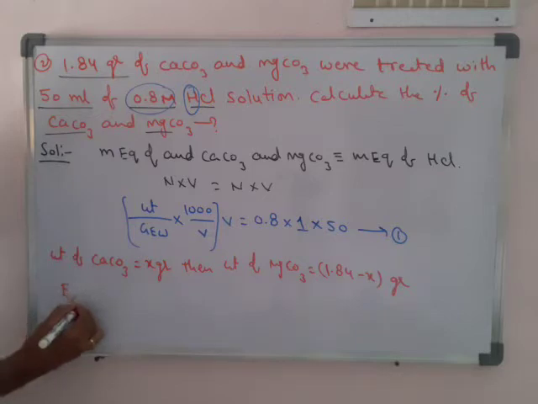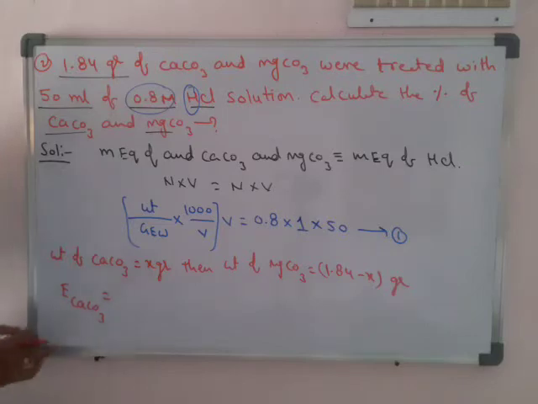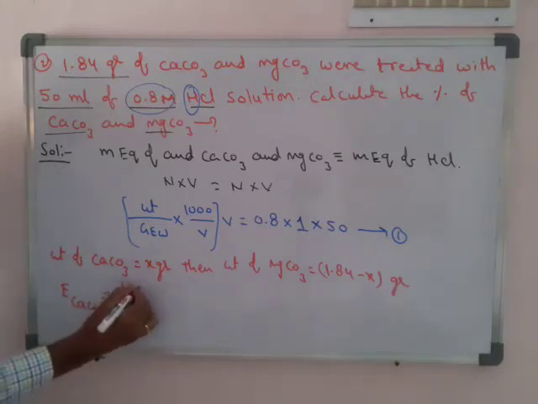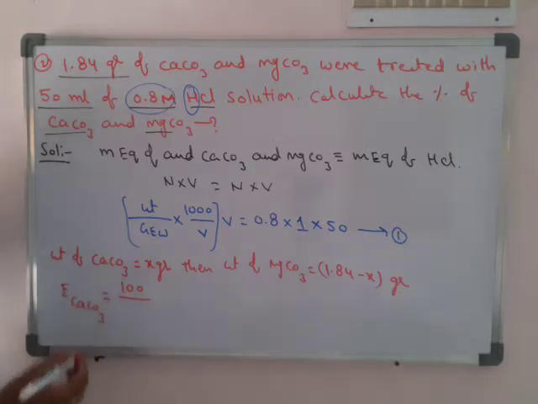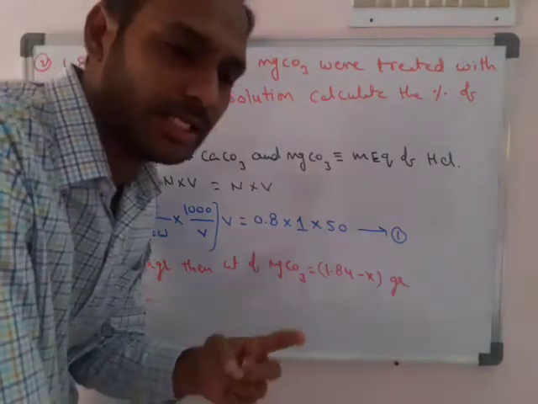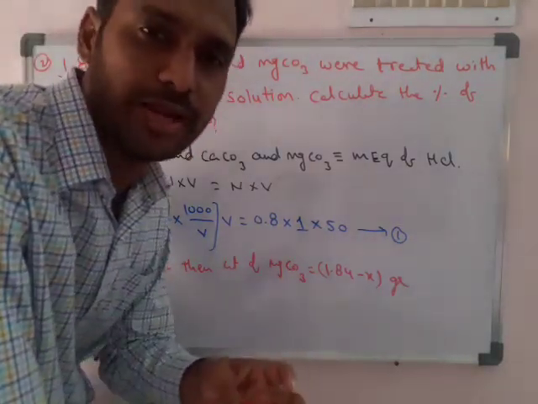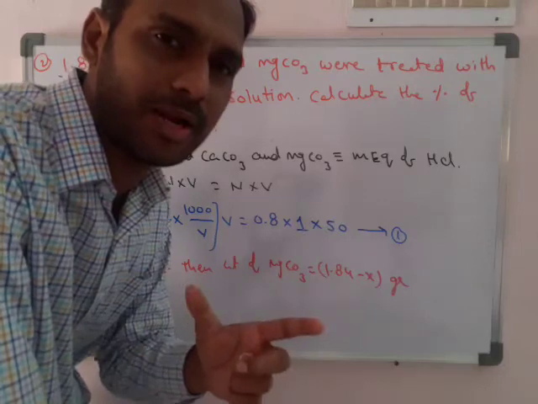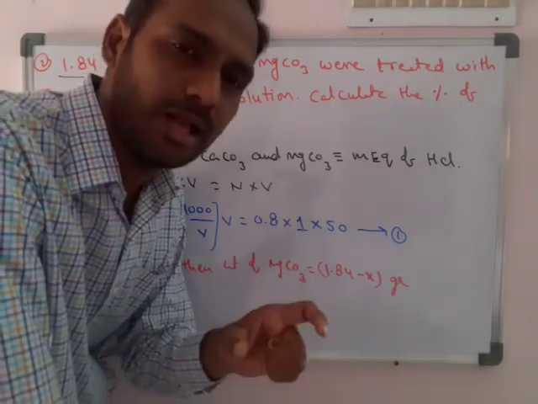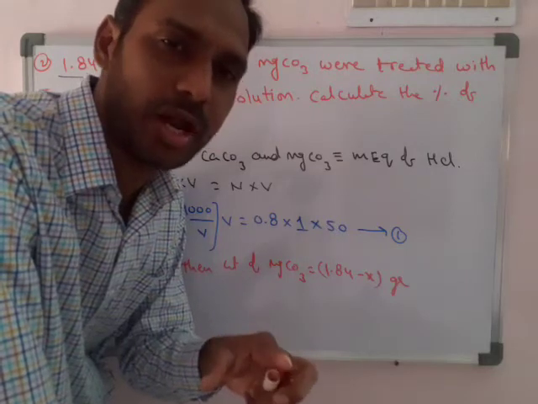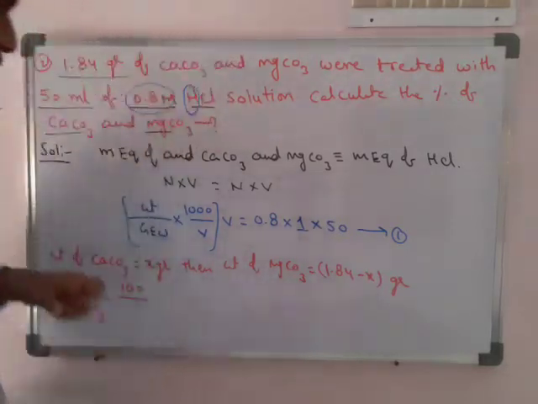What is the equivalent weight of calcium carbonate? Equivalent weight means we know the formula weight by N factor. So calcium carbonate molecular weight, nothing but formula weight, is 100. Okay, what is the N factor? Actually calcium carbonate is a salt. We have to find the equivalent weight of the salt. Its formula weight by the N factor, which we take as its charge, because Ca plus 2, CO3 minus 2.